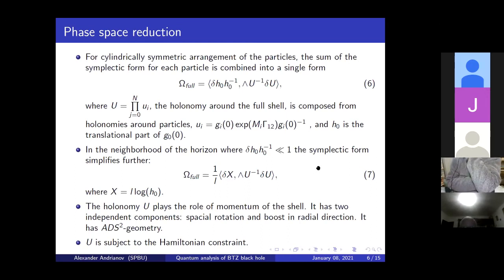The holonomy U plays the role of the momentum of the shell. It has two independent components, spatial rotation and boost in the radial direction. This is precisely the AdS2 group.